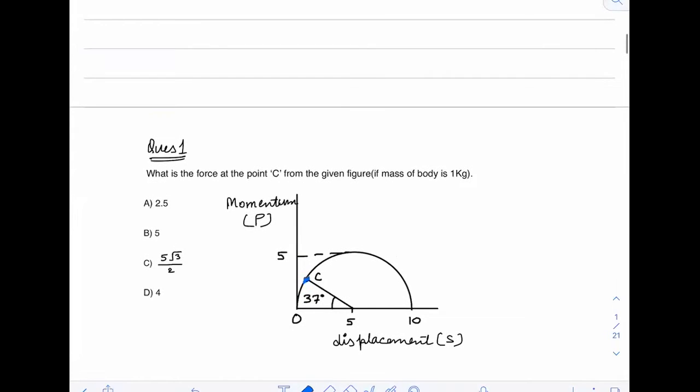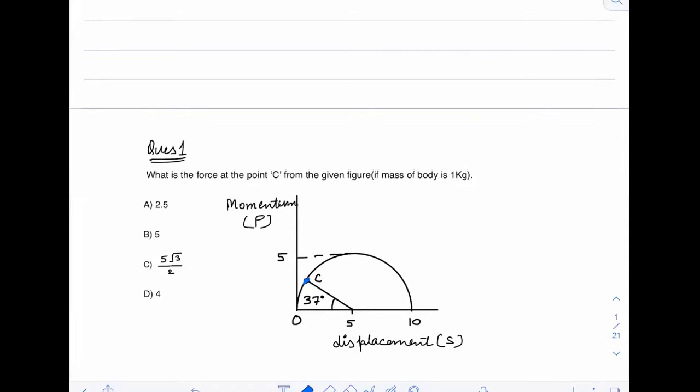I will get dp by ds, and that is going to be the slope. Now the mass of the body is given as 1 kilogram. If I calculate the acceleration of the body at point C, I'll be able to calculate the force at C.